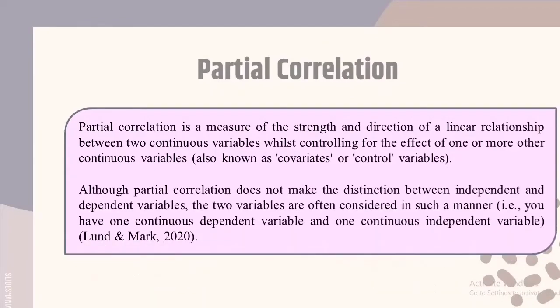Although partial correlation does not make the distinction between independent and dependent variables, the two variables are often considered in such a manner, namely, you have one continuous dependent variable and one continuous independent variable, according to Lund and Lund 2020.